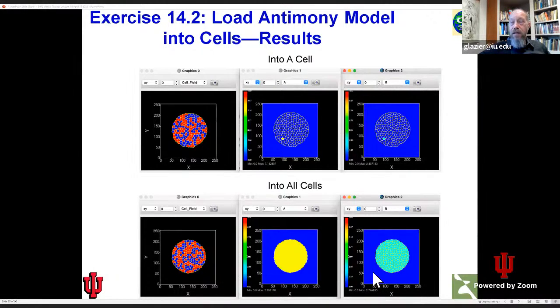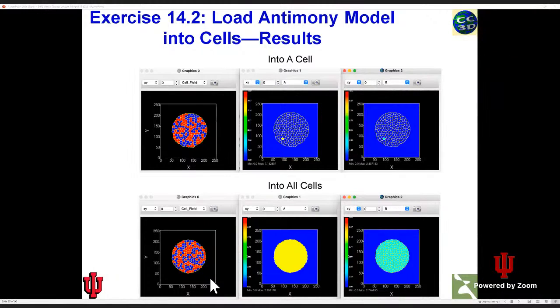Were people able to get either into all cells or into all cells of a given type to work? I had a question. Sure. So I'm just trying to put it into one cell right now.